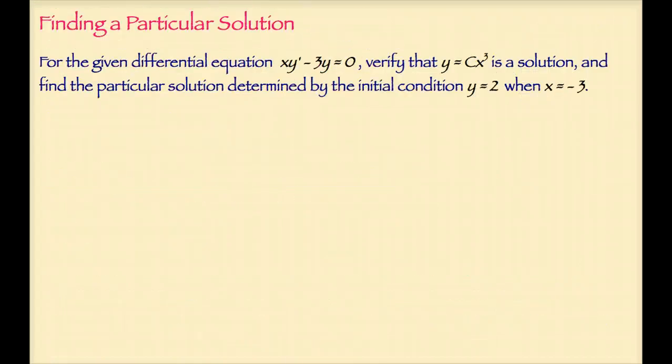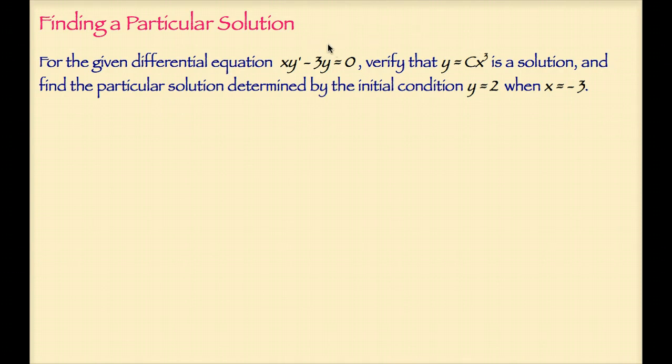For the given differential equation xy prime minus 3y equals 0, verify that y equals cx cubed is a solution, and find the particular solution determined by the initial condition y equals 2 when x equals -3. So this problem is asking us to do two different things. First, verify that this function is a solution for this differential equation.